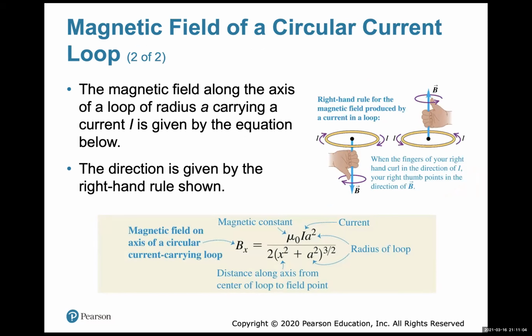At the center of the circle, x is 0, and we end up with just a squared to the 3/2, so a cubed, and we end up with the a squared in the numerator canceling an a squared in the denominator, leaving us with mu I over 2a. It's a nice, clean expression.